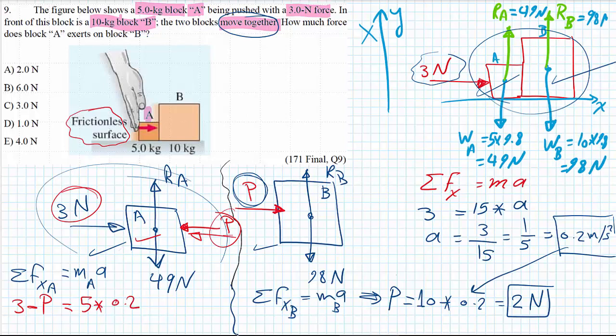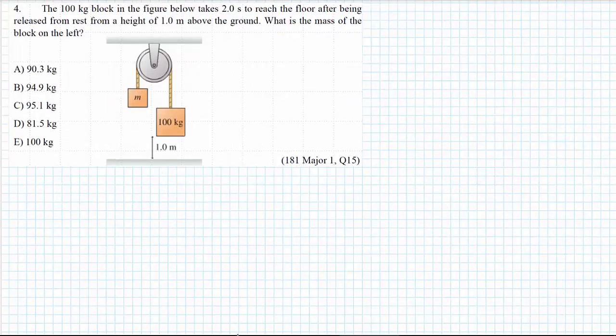If we solve this equation, 3 minus P equals 1. That means the force P is 2 Newton as well. So it gives you the same result. If you try to find it from the first object or the second object, they must give you the same result.